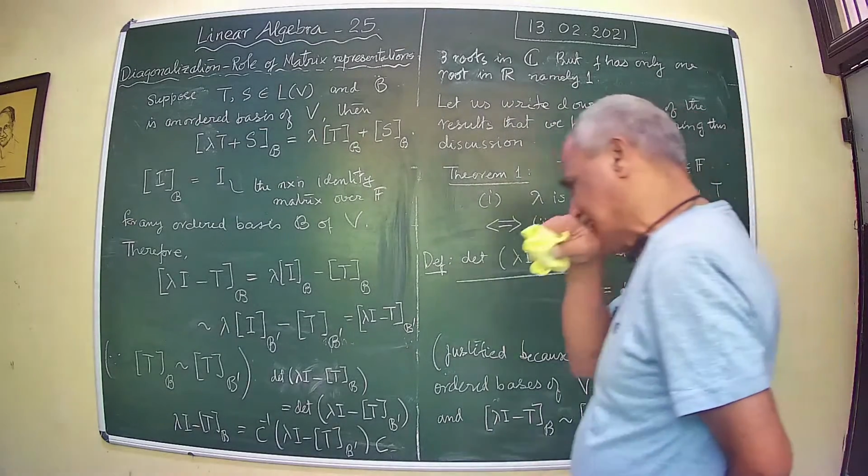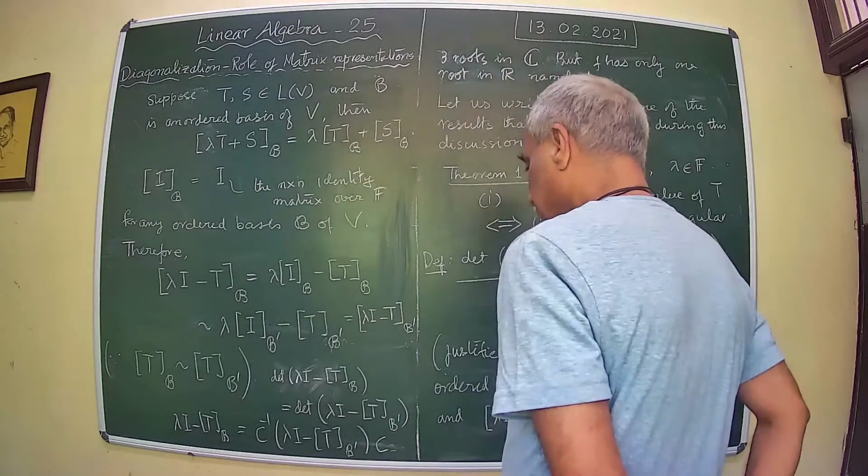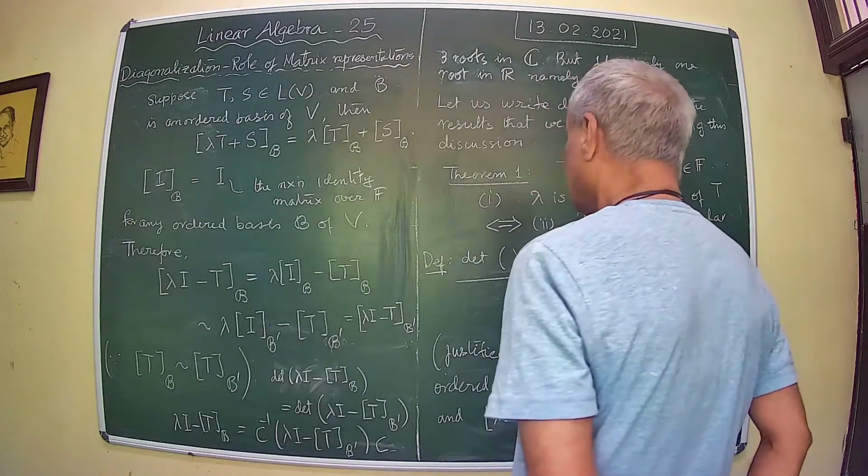Therefore, I can cancel this determinant of C with the 1 by determinant of C. Determinant of C is not equal to 0.